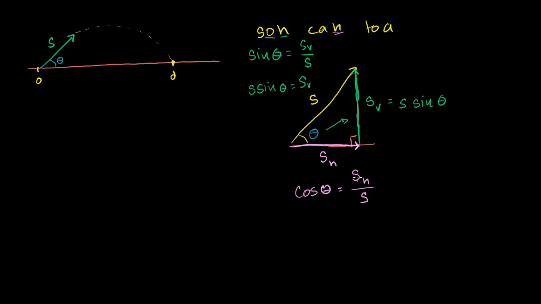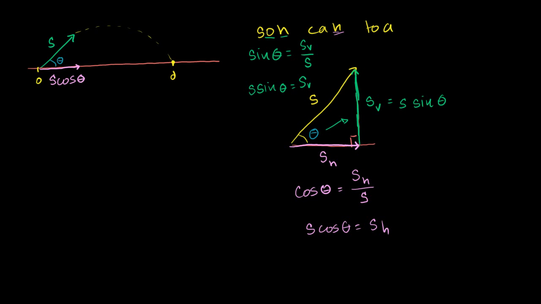So if we want to solve for the magnitude of the horizontal component, we just multiply both sides times s. And you get s cosine of theta is equal to the horizontal component. So we now know how fast we are traveling in the horizontal direction. We know that that is going to be s cosine of theta.